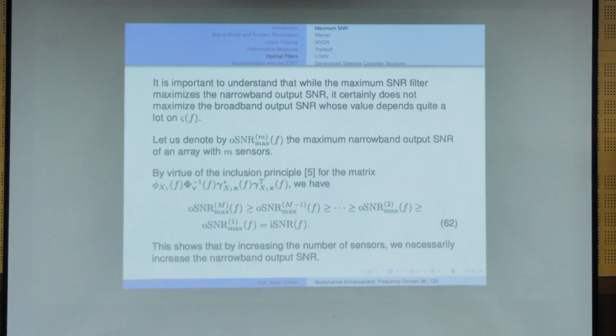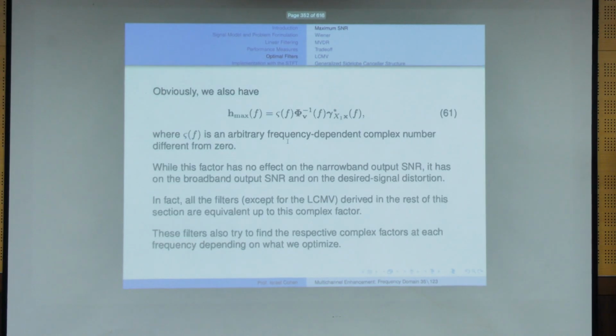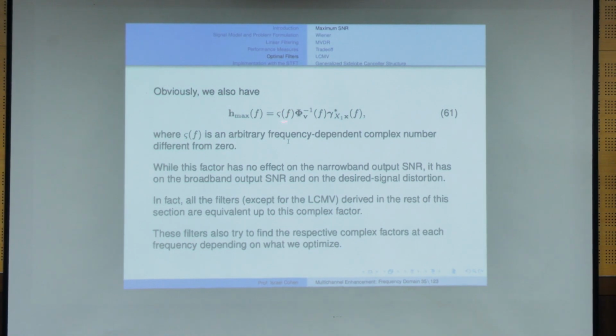And actually, this is a very nice thing: if you take the expression for the output SNR using this vector, you see this is a vector, and you can take any values here which are proportional to this.